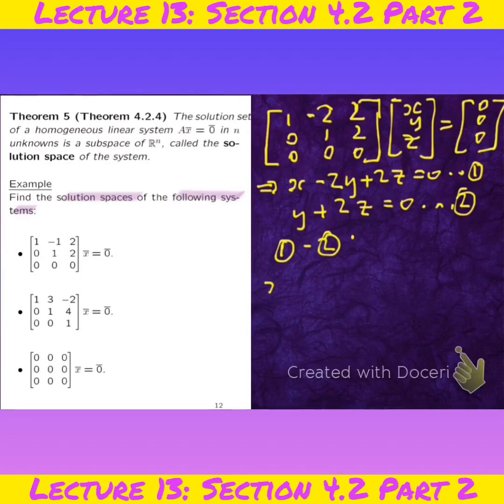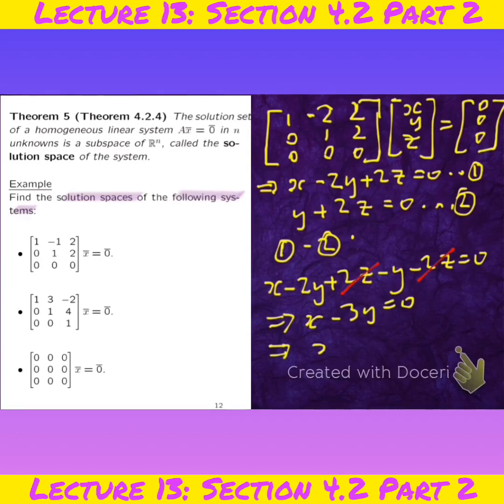So we get x minus 2y plus 2z minus y minus 2z is equal to 0. And from that, the z's cancel one another out, and you're basically left with x minus 3y is equal to 0, and that implies that y is equal to a third x.